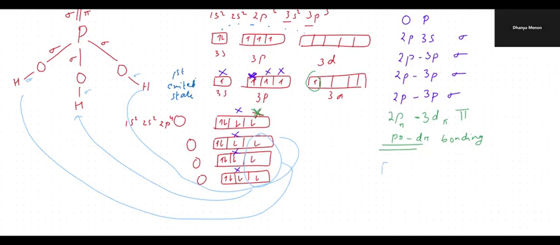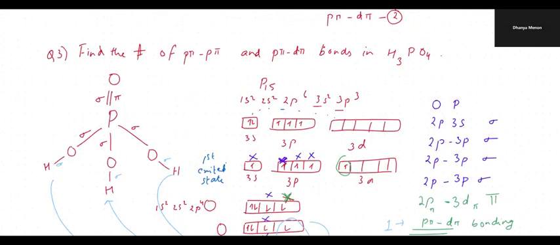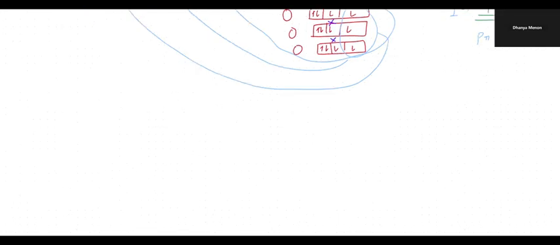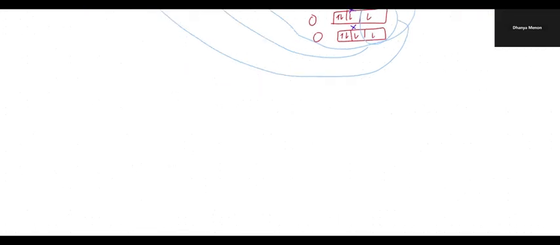It's not there, it is 0. So only one p pi d pi bonding is there in H3PO4. Okay. Now, similarly, I hope you got a lot of practice now. You will be able to do it all by yourself now.